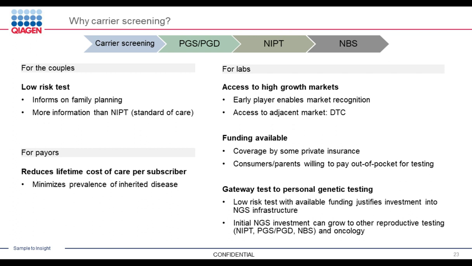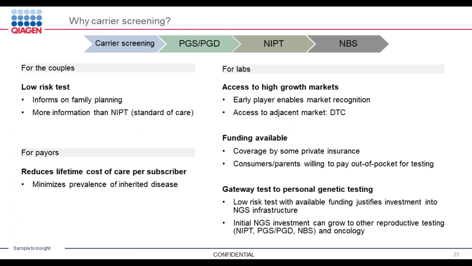And then finally, for labs wanting to justify the business case of getting into genetic testing, this is a great use case to get into genetic testing because of all the reasons above, but it's considered a low-risk test. So there's a lower sort of FDA barrier to getting into this test.